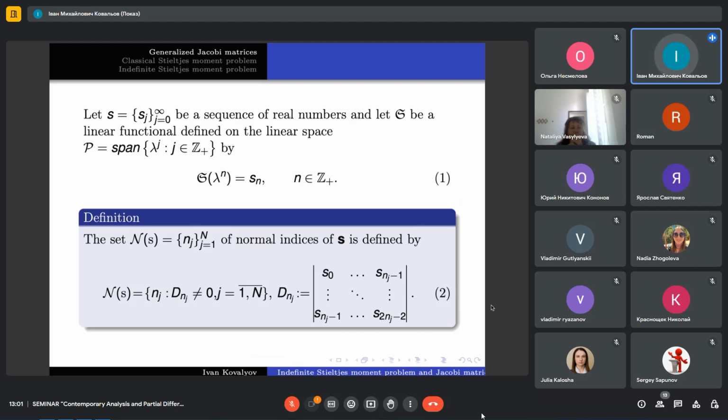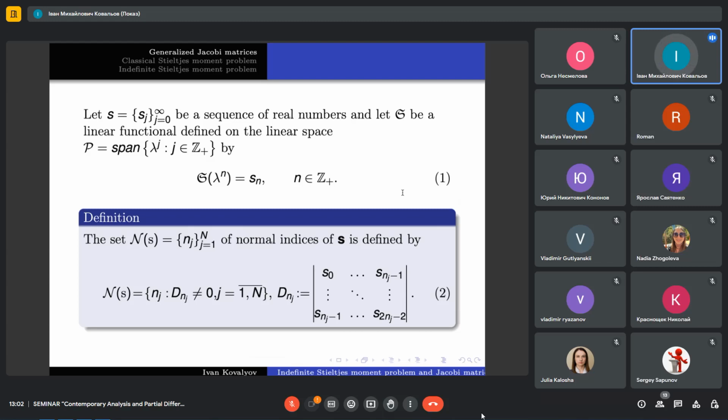Let s be a sequence of real numbers, and let Gothic S be a linear functional defined on the linear space P, with formula 1. So we have a connection between the sequence and the linear functional.